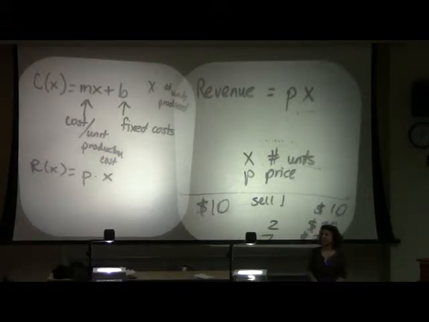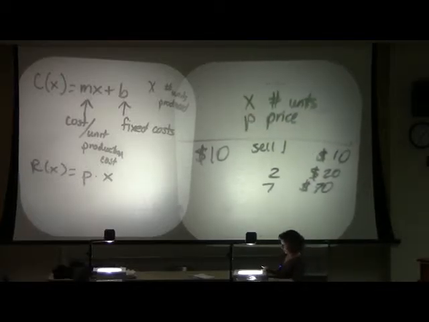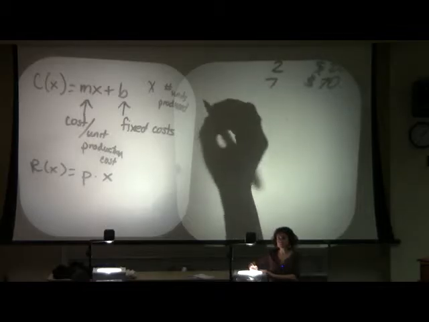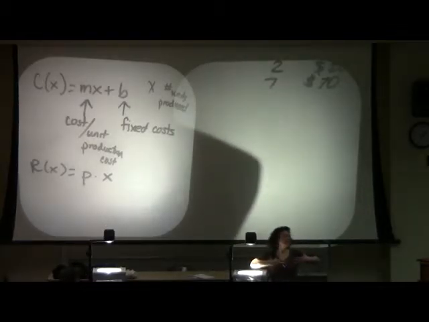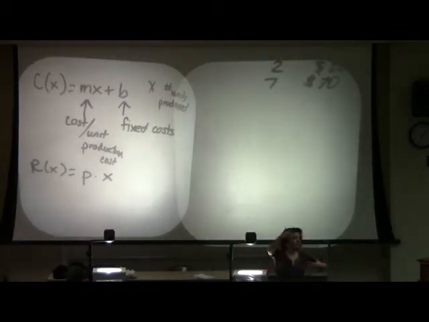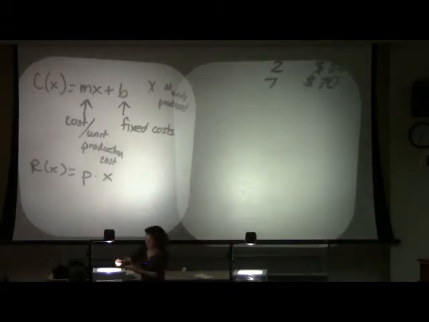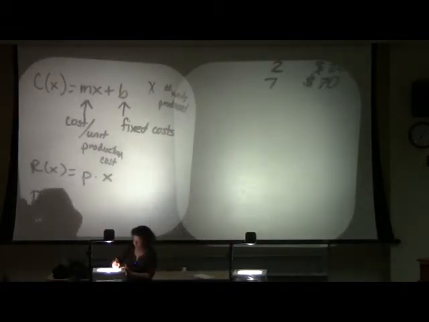All right, we live in a capitalist society. We care about our profits, don't we? We hope we have profit that's greater than 0. Well, how do you figure out what your profits are? Don't you take all the money you made and subtract off your costs and hope you end up with a positive number? Yes. So, the last one involves your profit.